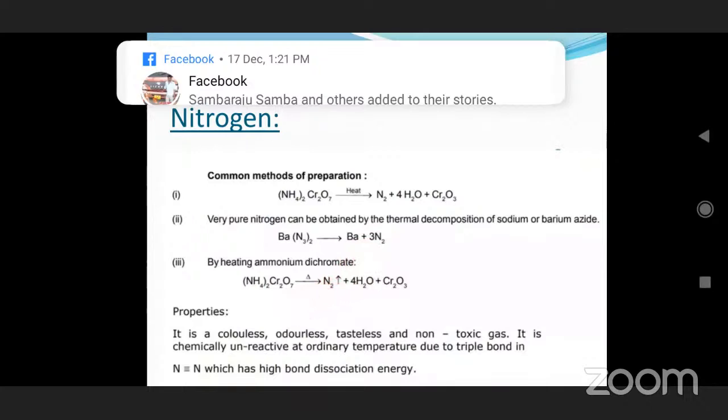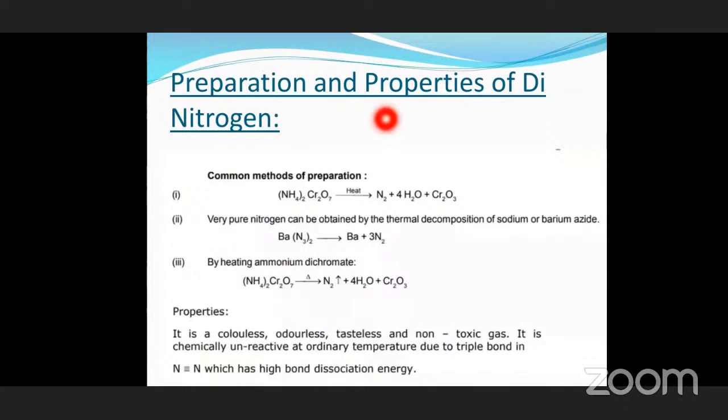Right, here, properties of dinitrogen. What are those properties? It is colorless, odorless, tasteless, and non-toxic gas.